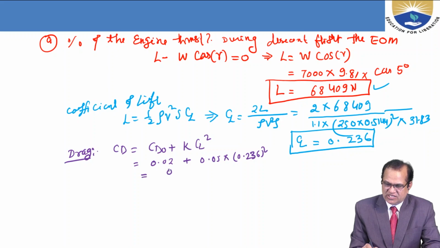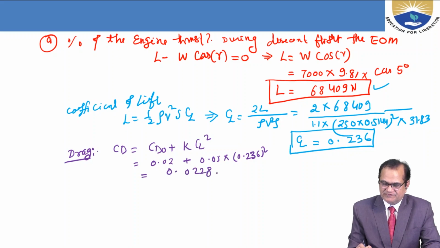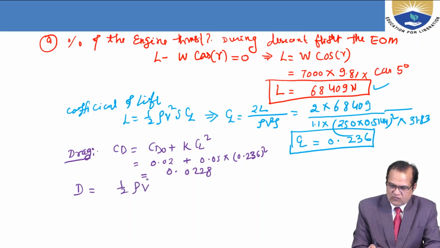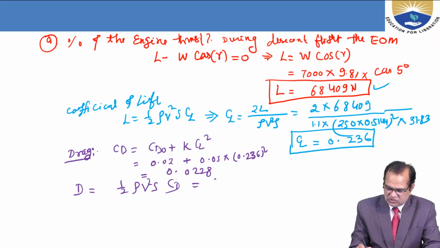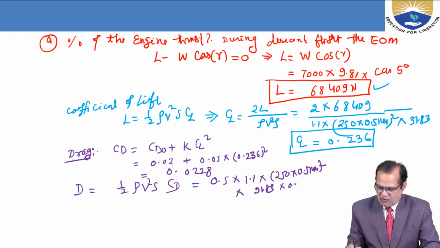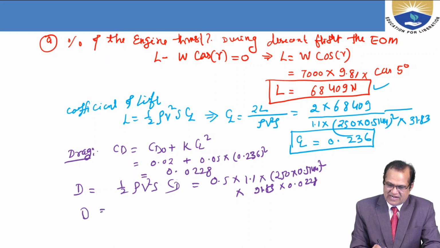So this we will get 0.0228. So we know that drag is equal to half rho v square s CD. So 0.5, rho is equal to 1.1, 250 into 0.5144 whole square, into S is equal to 31.83, into 0.0228. It is the CD. So we got the drag is equal to 6601 Newton.